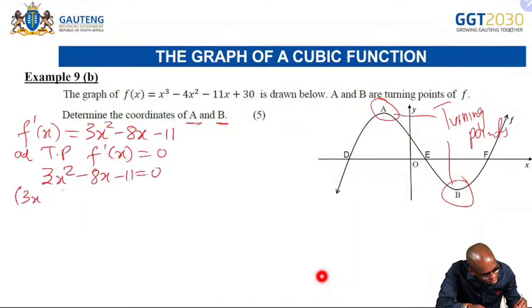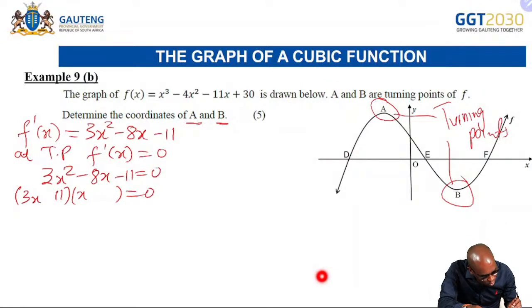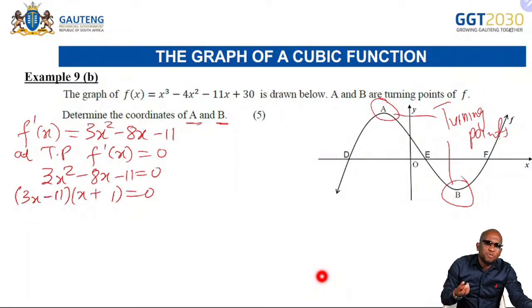If I factorize this, I get that this is 3x and x. We're going to look for the factors of 11 that are going to actually give us the middle term, which is 8. So the factors that we're going to use here are 11 and 1. Minus 11 plus 1. Remember, if you cannot factorize this, just use your quadratic formula.